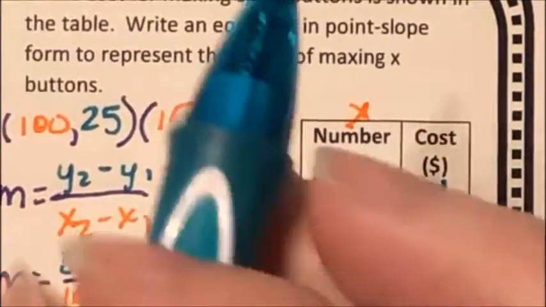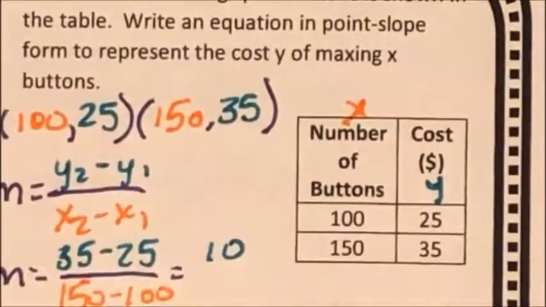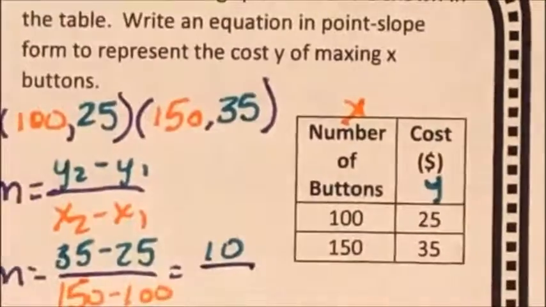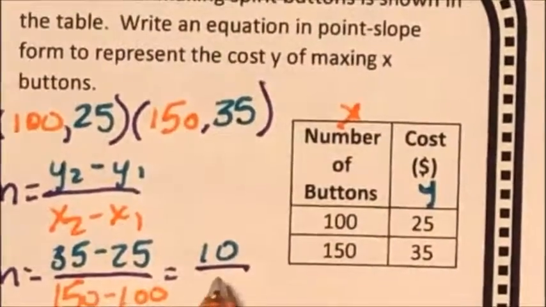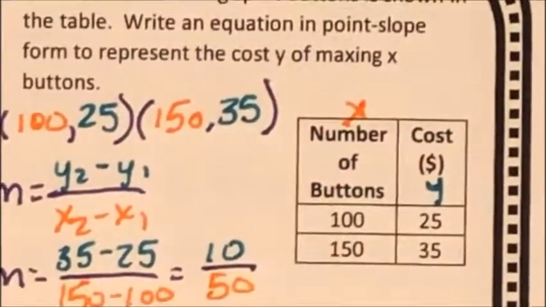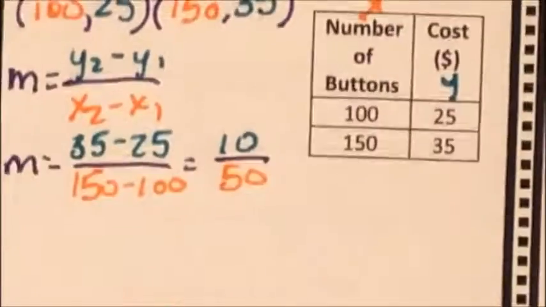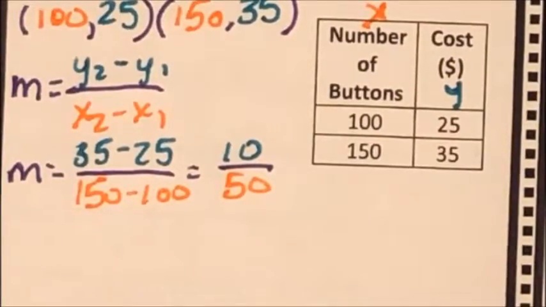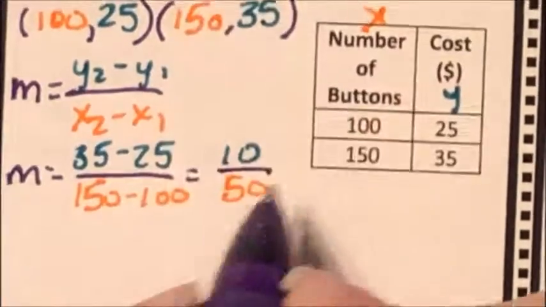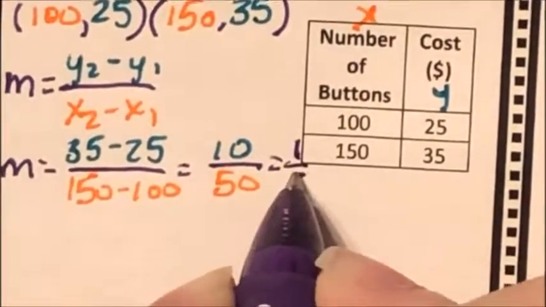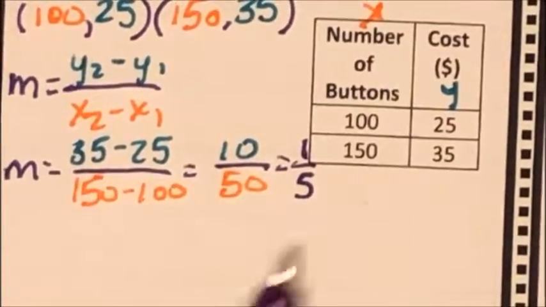Okay, so that gives me 10 over 50, which can be simplified. You can divide both of them by 10. So this gives me 1/5. So my slope is 1/5.